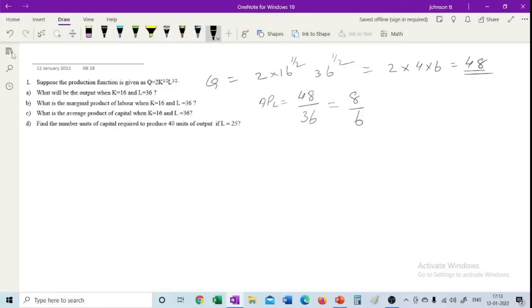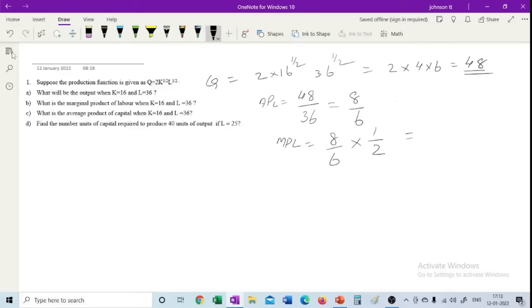That already we have derived. The marginal product of labor is alpha into the average product of labor. Alpha is 1 by 2. So marginal product of labor is equal to 8 by 6 into 1 by 2.